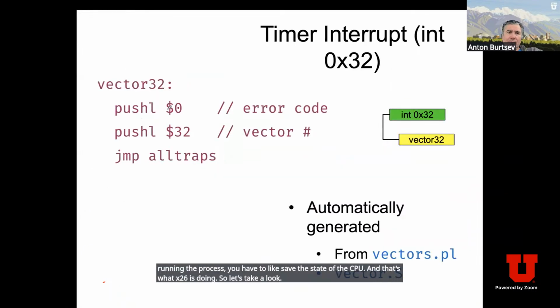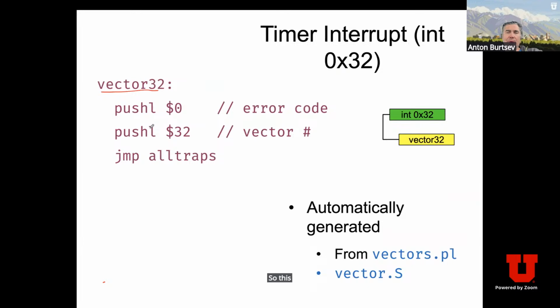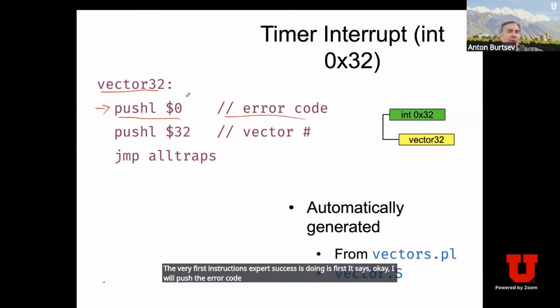This vector 32, which we use in our example, but interrupts use almost identical vectors. The very first instruction x86 executes says, okay, I will push the error code. You say, what do you mean by pushing 0?